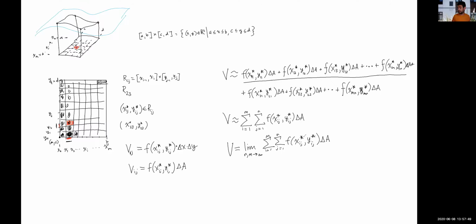What we mean is that whatever the true volume is, we can make this summation as close as possible to it by taking n and m large enough, right?